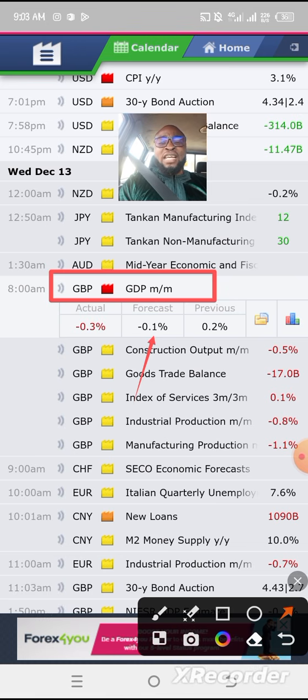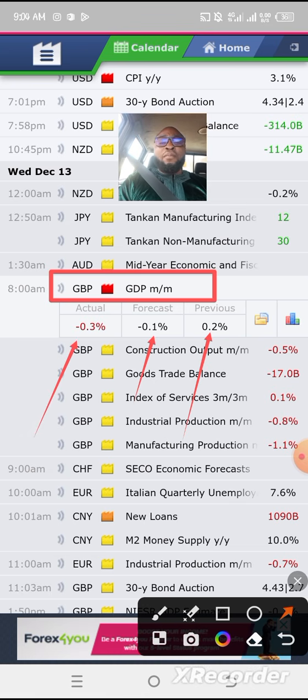Let me just say what they think the news result will be. And this is the previous news result. We have 0.2%. That's the previous. And the forecast is minus 0.1. But unfortunately, the result was minus 0.3.